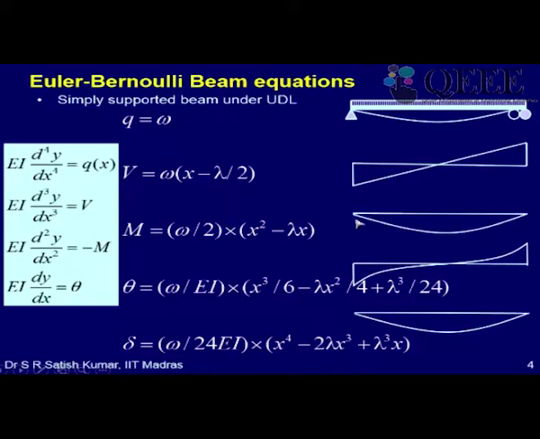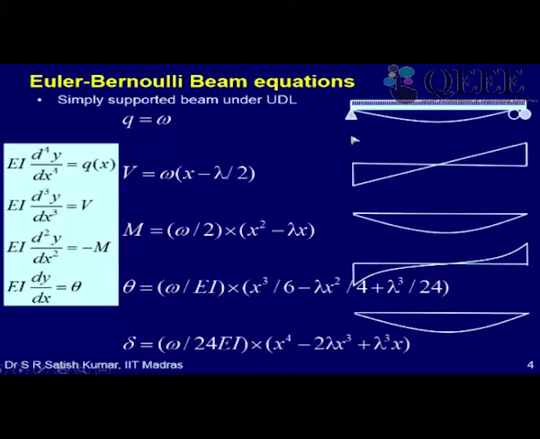And if I again integrate, I mean find the integration constants, I know that at x equal to 0, for example, M is 0 because I have a hinge here, and mind you, in a simply supported beam you always have one hinge and one roller, okay. So the roller has to move a little inwards for it to have the same length. The original length and the deformed length have to be the same. So the fact that this has deflected downwards means this roller has to allow some movement inwards, which has a great consequence on design, later we will see.